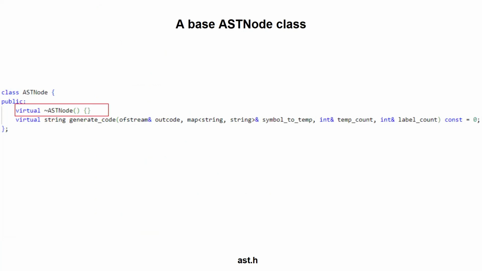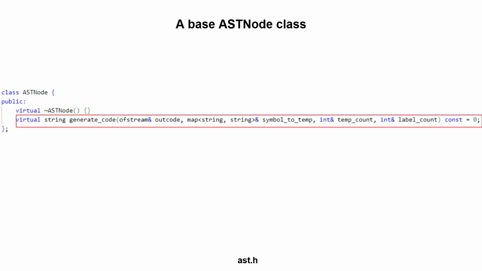This is the destructor, marked virtual to ensure that when you delete a derived class through a pointer to AST_node, the correct destructor is called. This is a pure virtual function making AST_node an abstract class. This function is responsible for generating intermediate code for this AST_node. The first parameter, output, is a reference to the output stream for the generated code.